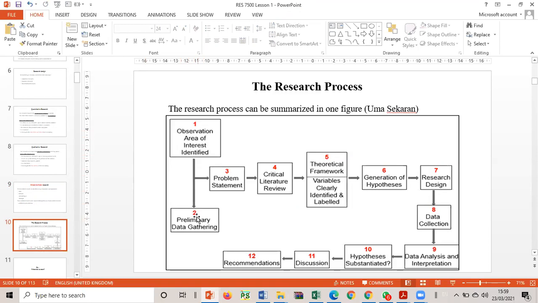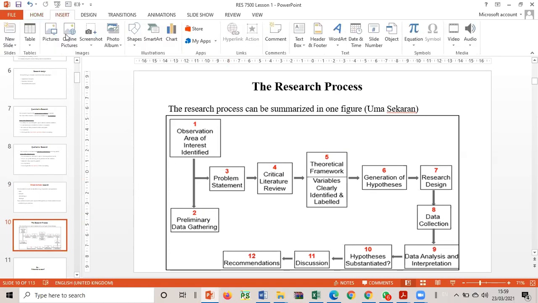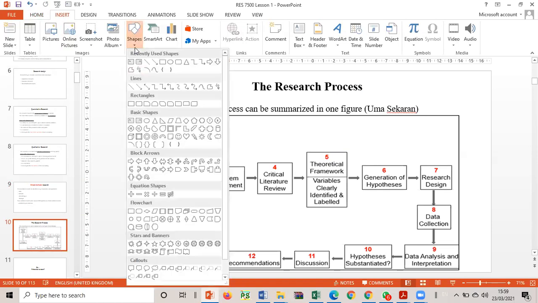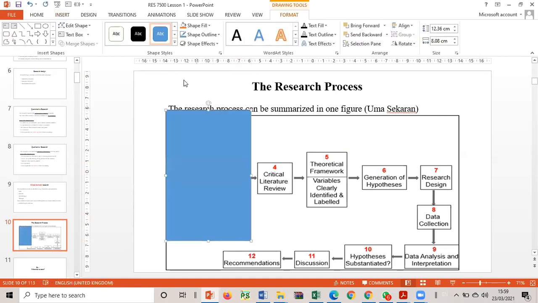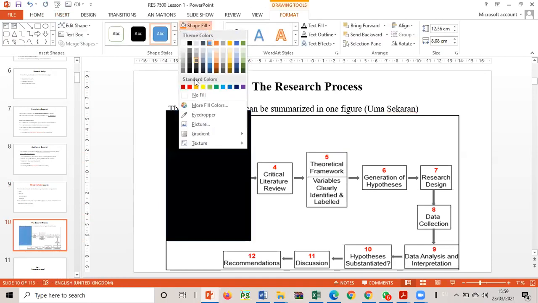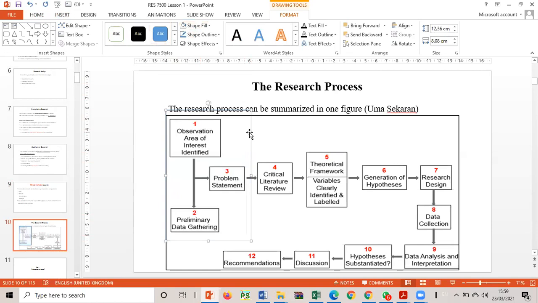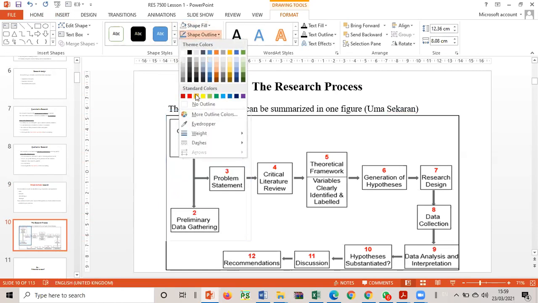Number 2, preliminary data gathering. Number 3, problem statement. For a quantitative study, if you can complete this as much as possible, that's already your chapter 1. These 3 boxes plus something add-on, that's already chapter 1.